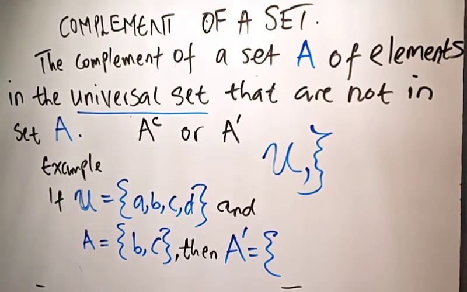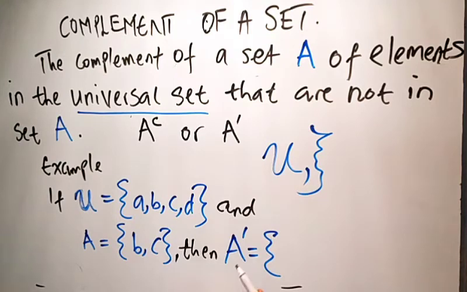So if U, that is the universal set, is equal to {A, B, C, D}, and A is a set from the universal set, and we have it that A is equal to {B, C}. It contains 2 elements from the universal set.